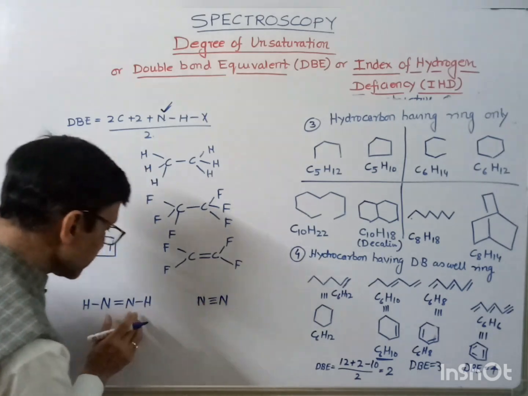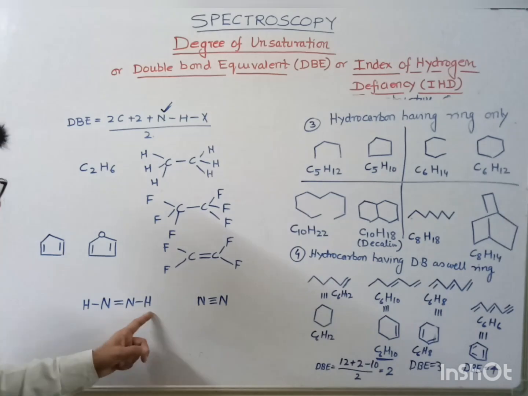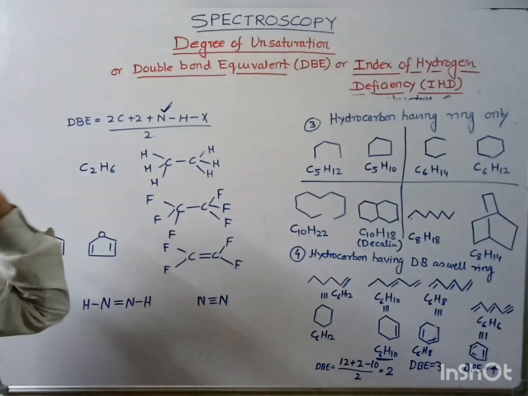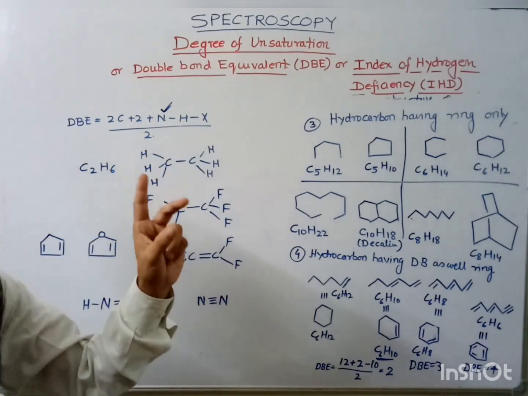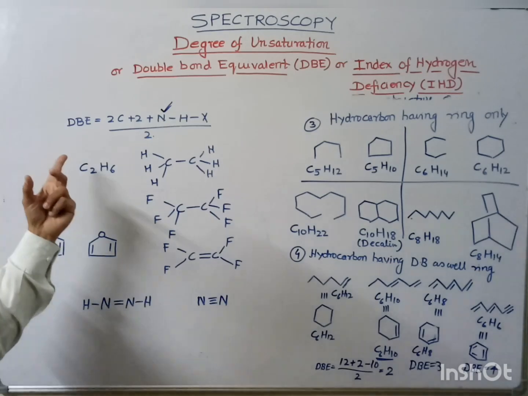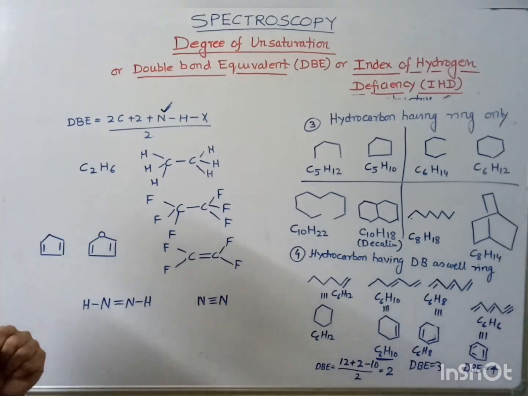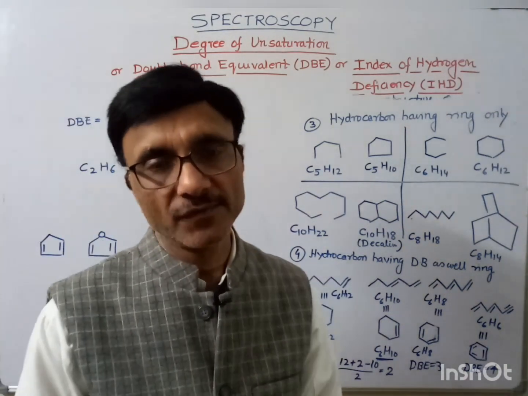Then the double bond is reducing the hydrogen atoms, so we have to remove these 2 hydrogen atoms. That's why the nitrogen atom, hydrogen atom, and halogen atom affect the DBE value, but the oxygen atom doesn't. That's why the oxygen atom is not present in the formula.